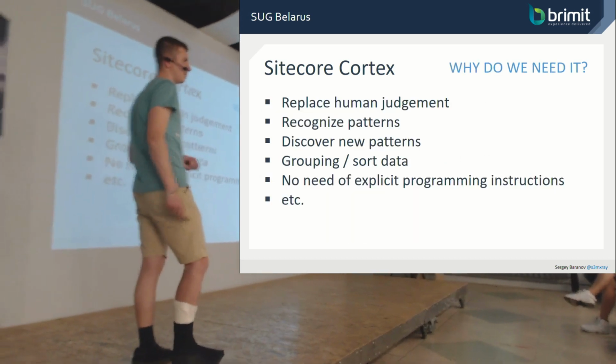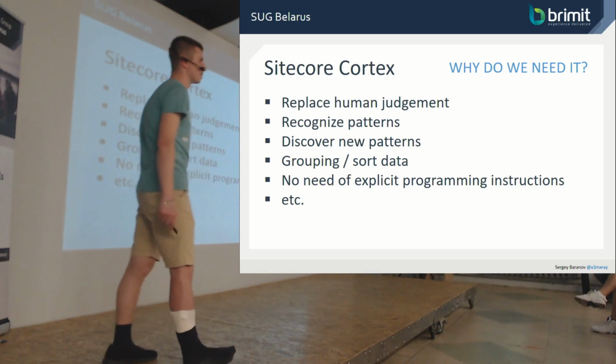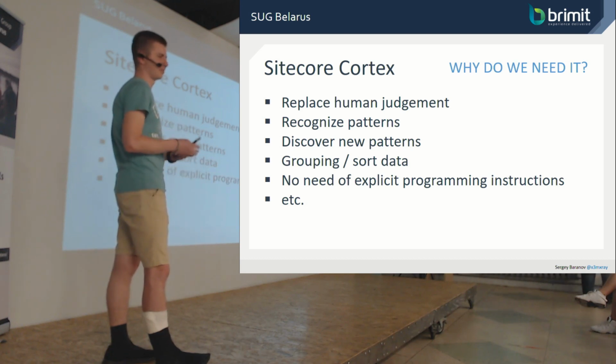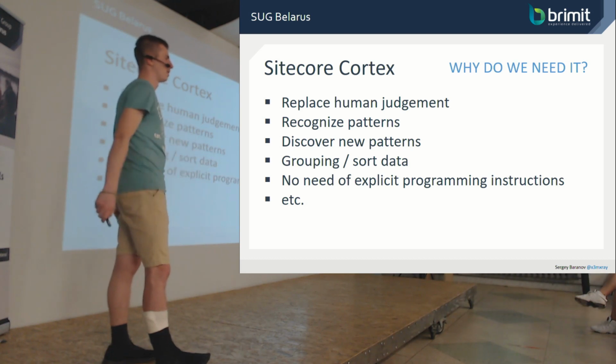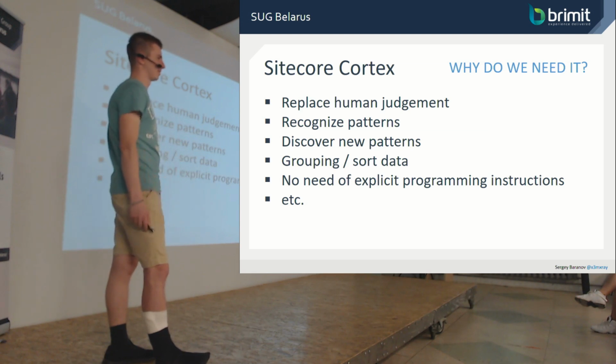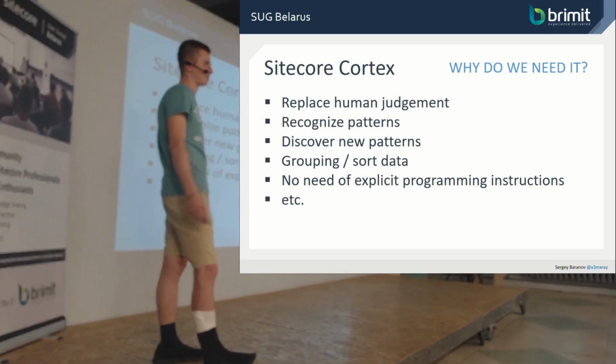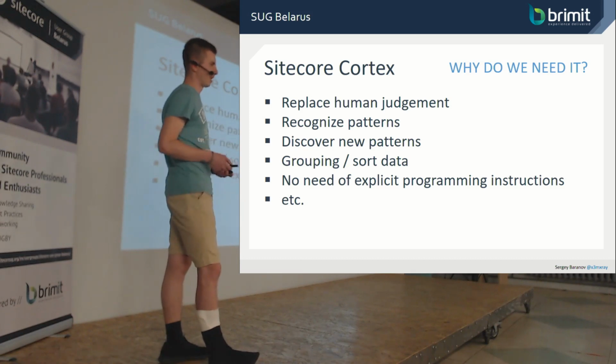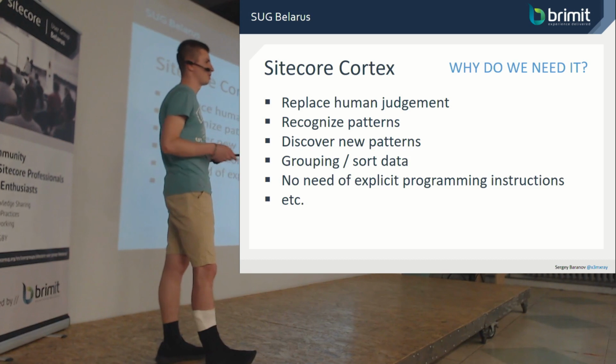Okay, why do we need Cortex in general? As you know, Sitecore has a lot of analytical data, a lot of statistics, a lot of numbers, but what do we do with these numbers? Nothing. We can just see beautiful charts in the analytics dashboard, but we must also use these numbers to optimize our content, because this statistical data is our main communication channel with our customers.